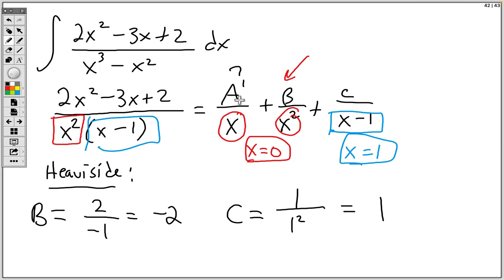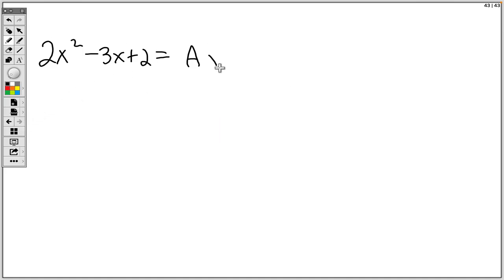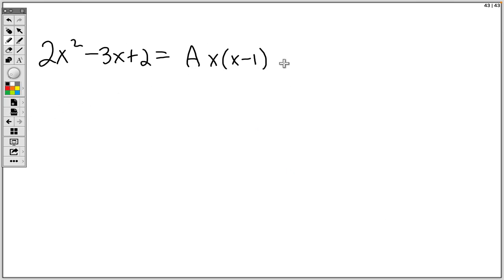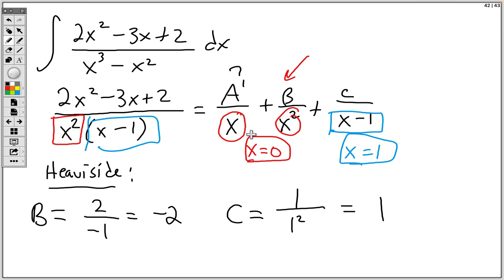So 2x squared minus 3x plus 2 is going to be a times what? I don't know what a is. One factor of x would cancel. I'd have a factor of x and then a factor of x minus 1 remaining. b, I Heavisided b, and I found that was -2, times, for b, the x squared would cancel out.